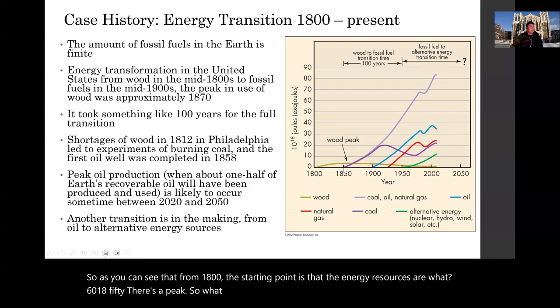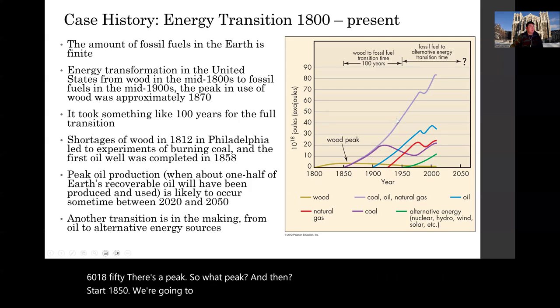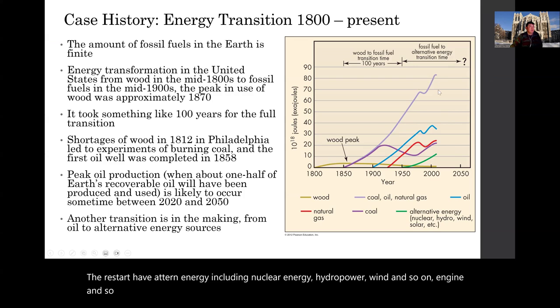Then starting around 1850, we go to coal. At about 1900, we start to use oil. Then about 1930, we start to use natural gas. And after the 1950s, we start having alternative energy, including nuclear energy, hydropower, wind, and solar energy, and so forth. So here is sort of the history.